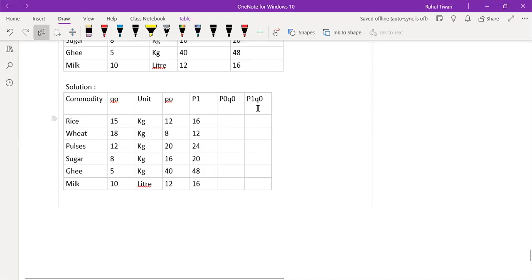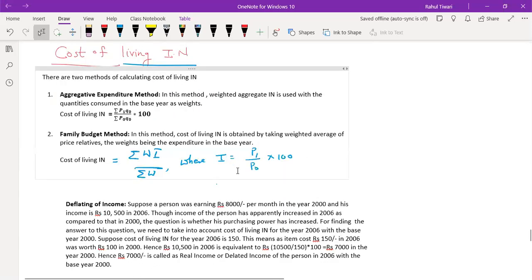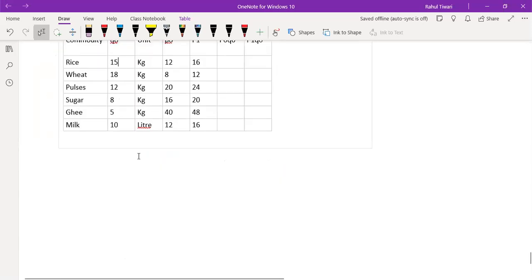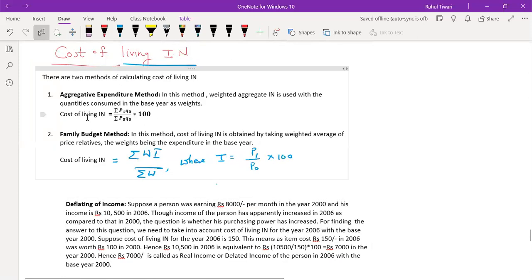So you can calculate these. I will use the formula for P0 Q0: multiply these two columns, you will get these entries. Similarly, multiply P1 Q0, you get these entries, and use this formula. Then you will get the cost of living. I'll just paste this formula. Let me know what could be the answer.